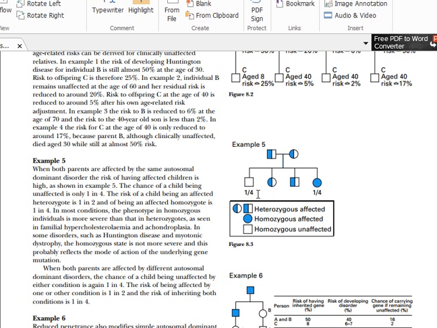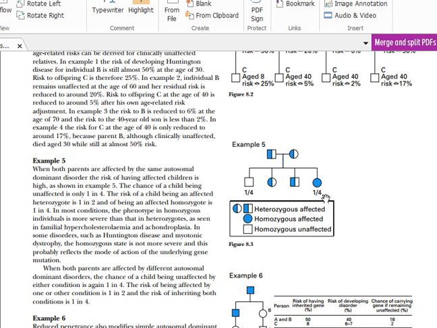Is it clear? Are you understanding? So the probability for the children to be affected is 3 in 4. 1, 2, 3/4. Is it clear? So that is the probability for the children to be affected.